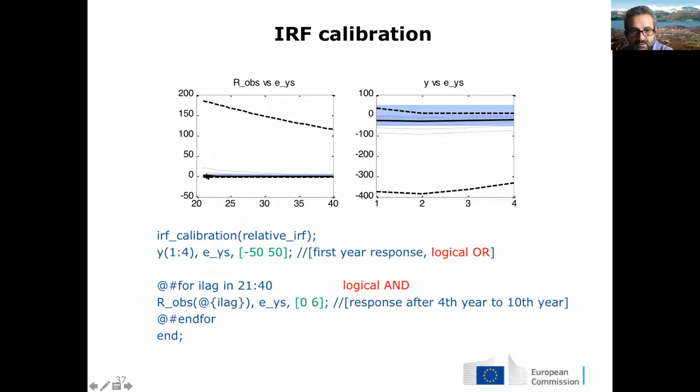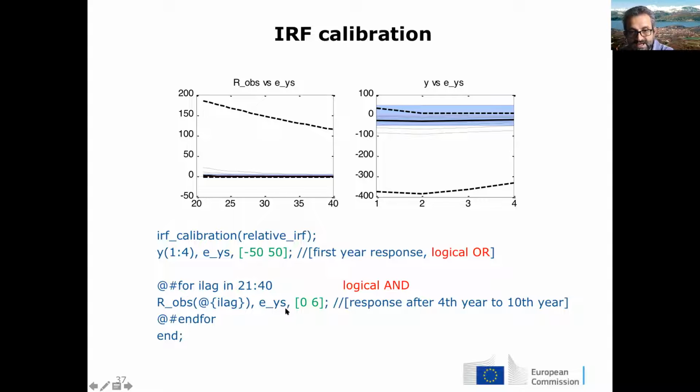We want to restrict the behavior to relatively small values, especially in the long term, so we want the interest rate response to be near 0 after 5 years of the shock. We want to restrict the interest rate response to go back to equilibrium fast.